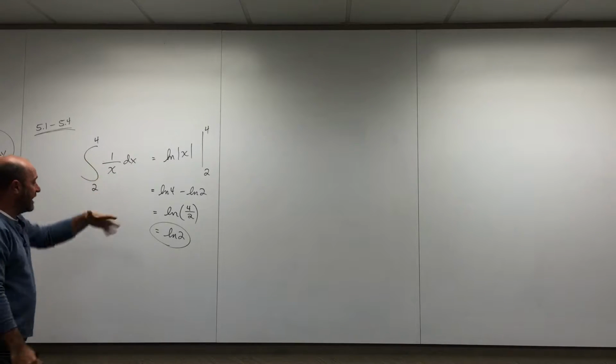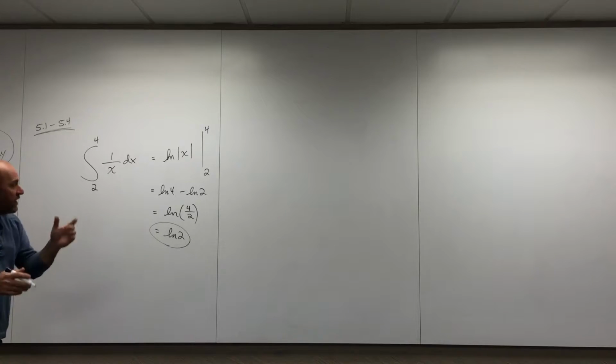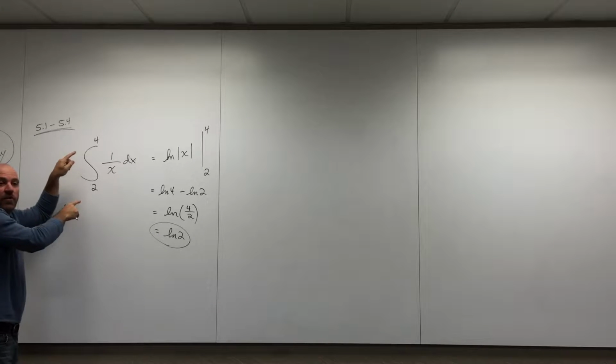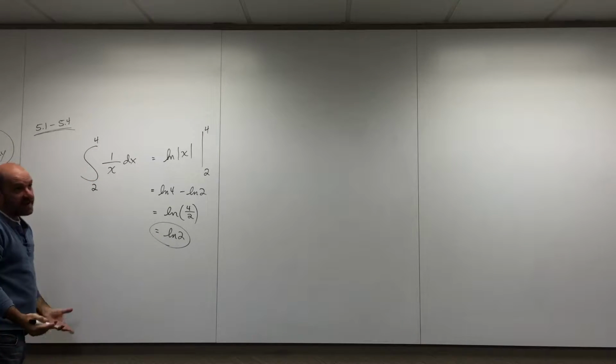So that's one idea. There's nothing difficult about this. Oh, I wanted to say, when it's a definite integral, we don't put the plus c. I want to show you what would happen if you did put the plus c.